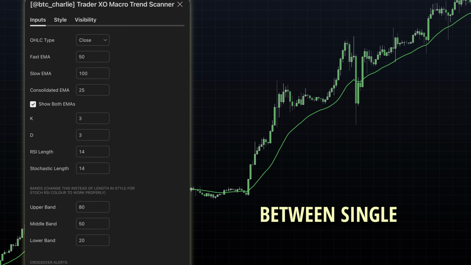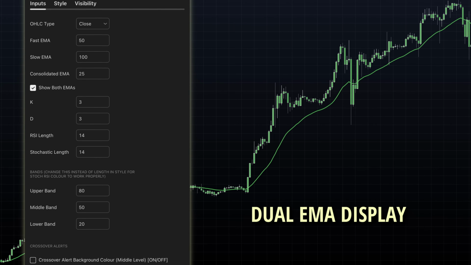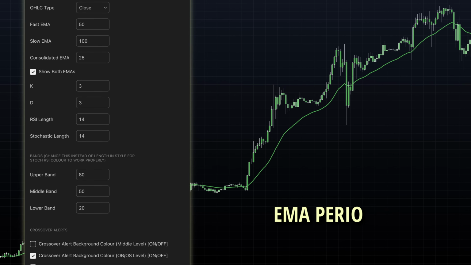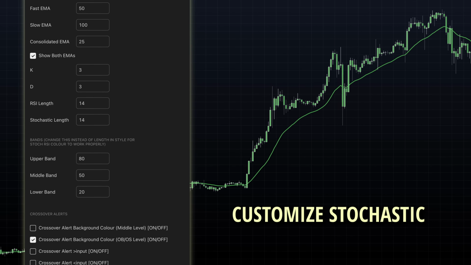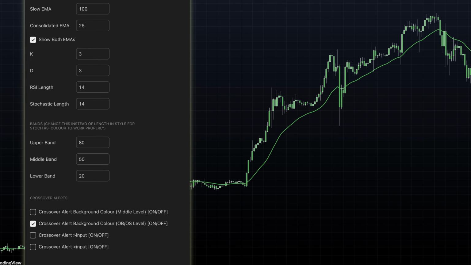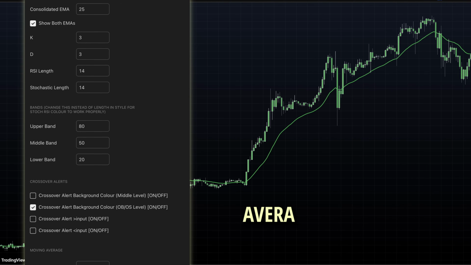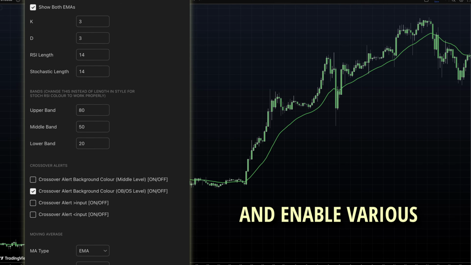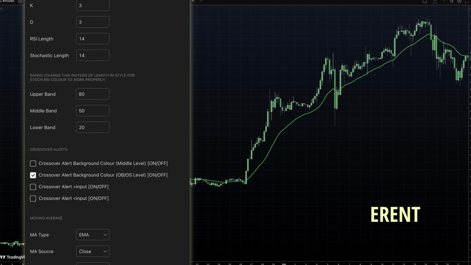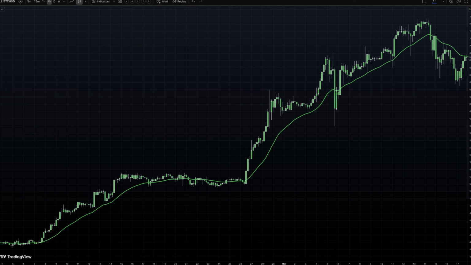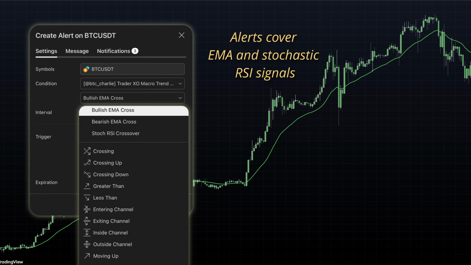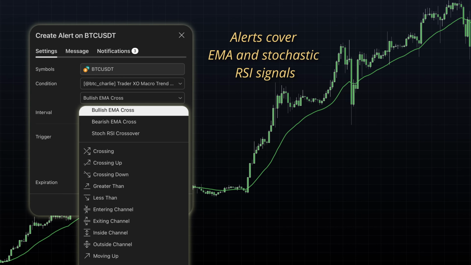Users can toggle between single consolidated EMA or dual EMA display, adjust all EMA periods, customize stochastic RSI parameters including smoothing and band levels, select moving average filter type and length, and enable various background color alerts for different crossover conditions. The indicator includes comprehensive alert conditions for both EMA and stochastic RSI signals.